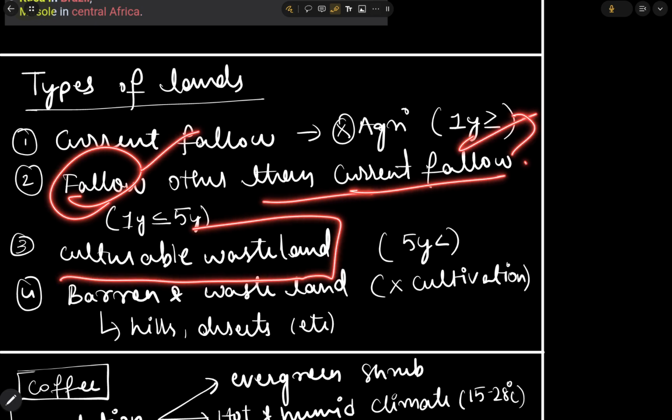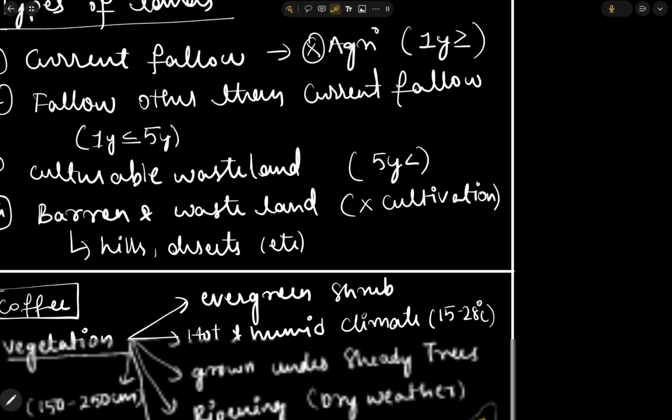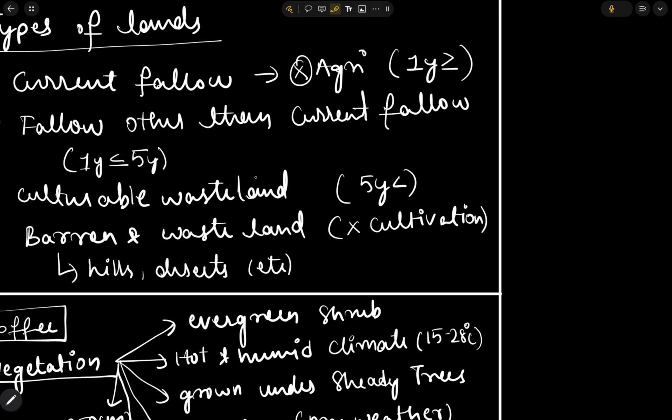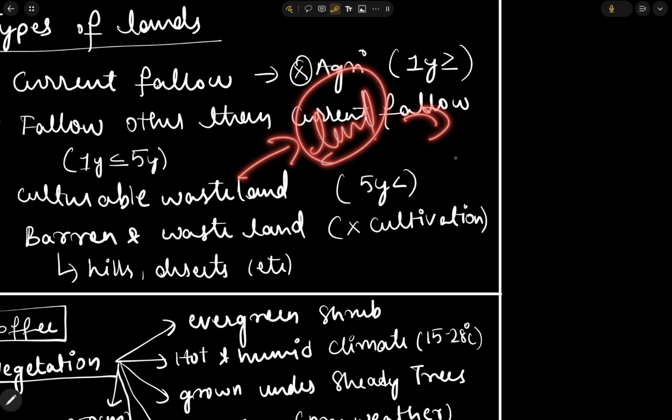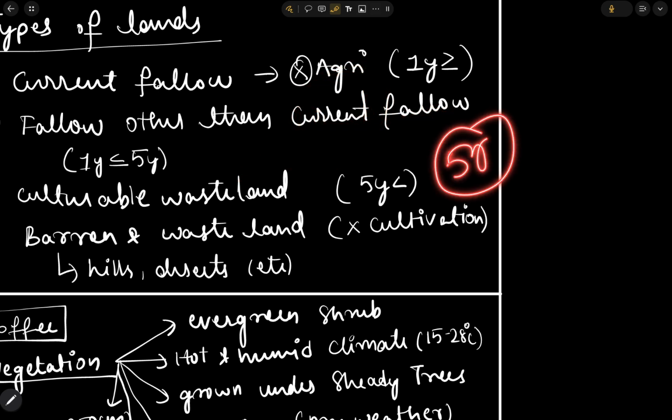Next we have the culturable wasteland. Culturable wasteland is land where agriculture has not happened for more than 5 years. That is known as culturable wasteland.